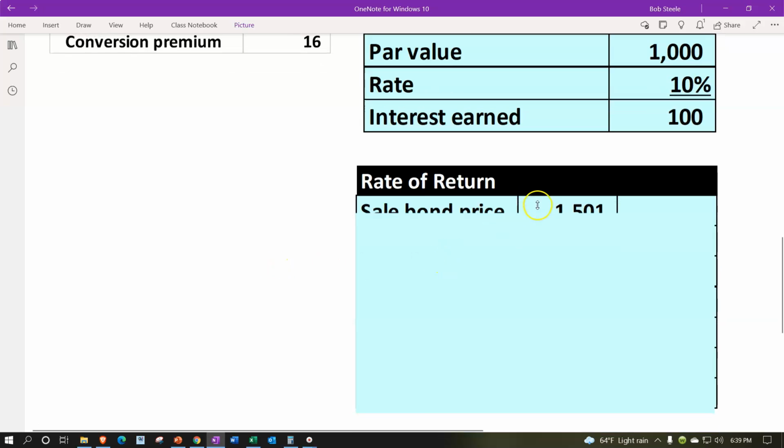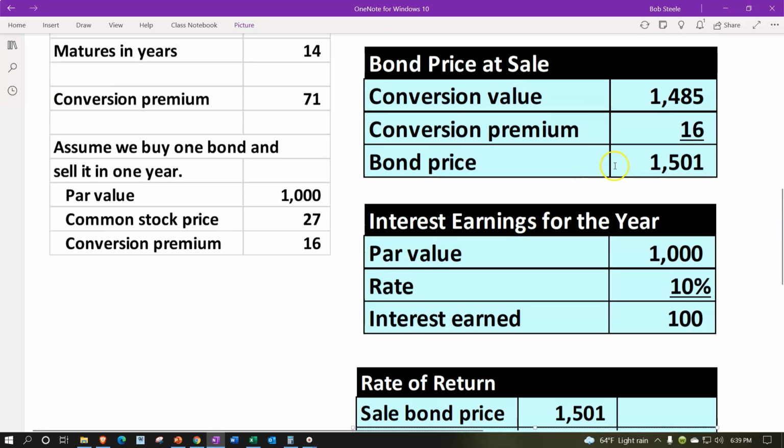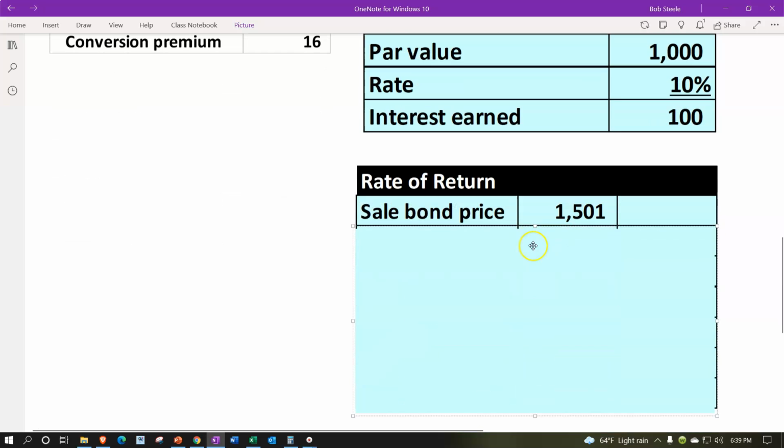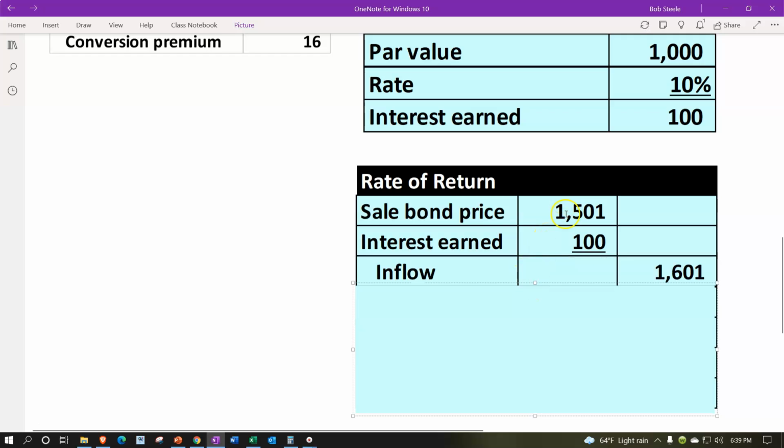We would then say, okay, rate of return calculation, we've got the sale of the bond. We said the bond price at the sale point was 1,501, plus let's add in the interest. So we got the return plus the interest. Note, this would be different, of course, for taxes, because you might have different tax rates or tax implications on capital gains versus interest. But we're talking basically total return here.